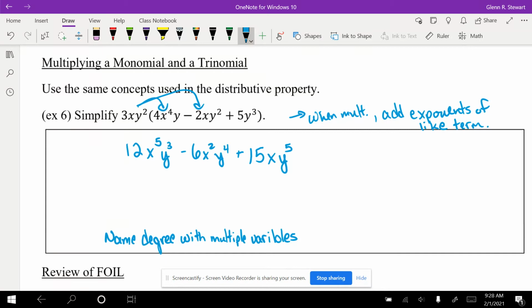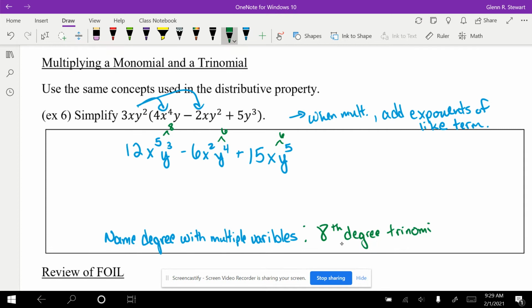When you have multiple variables, you actually add them within the term. So like 5 and 3 is 8, 2 and 4 is 6, 1 and 5 is 6. So when you're doing this, okay, you want to pick the highest degree. So in this case, it would be an 8th degree trinomial.